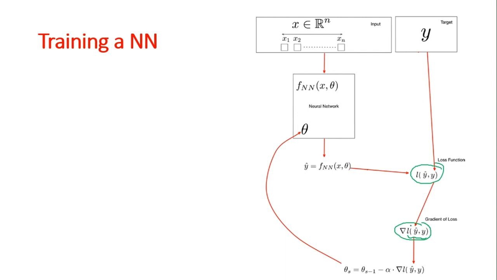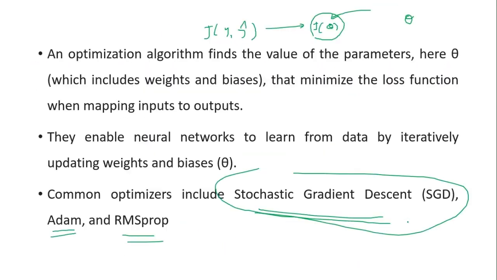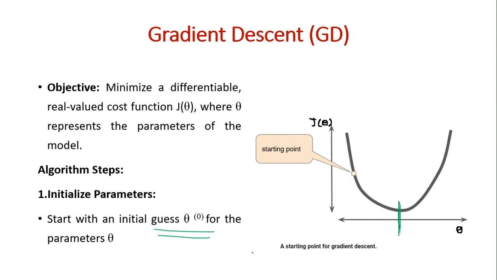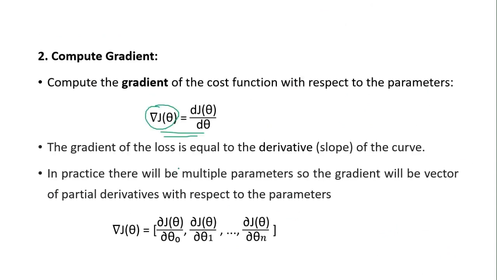So gradient is delta of L of y cap comma y. Now here the loss function we have represented by using J of theta. So the gradient of J of theta is delta J of theta. Now gradient actually means a differentiation. Gradient actually means the derivative or the slope.